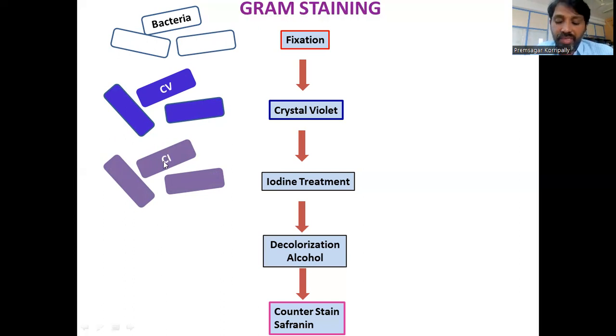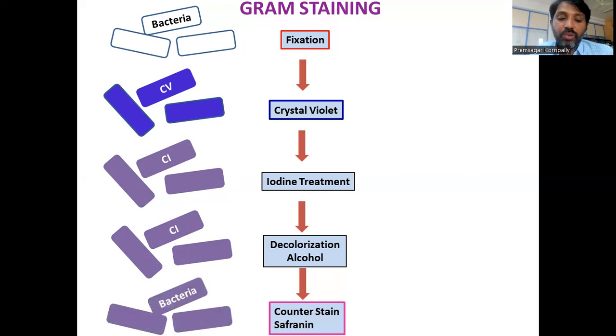Once you are done with the iodine, or mordant, treatment, you go for decolorization with 70% alcohol, or otherwise acetone, where the color will be removed with this treatment.